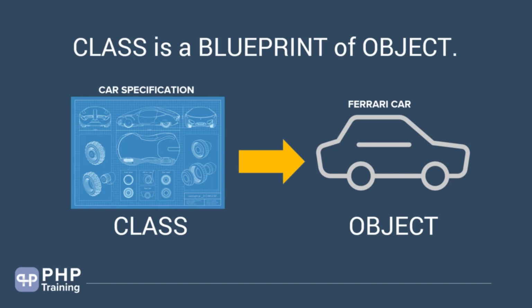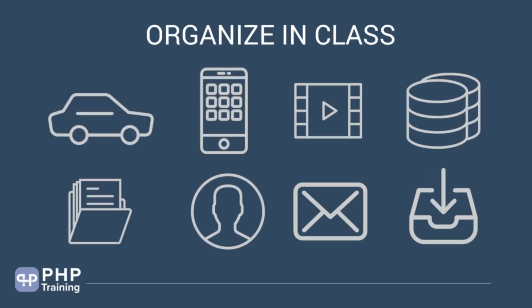Object is basically the physical representation or the active version or the implemented version of that specification. Okay, so something which is not real but a specification is basically called a class. Objects are real and can be used. You cannot use the class directly. You have to create an object of a class to use its variables and functions. Okay, so let's move on.